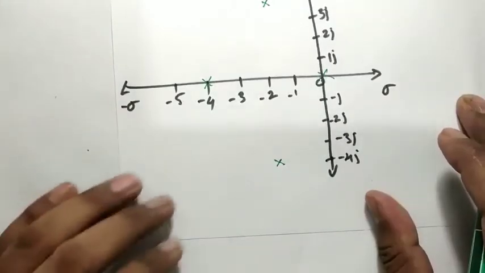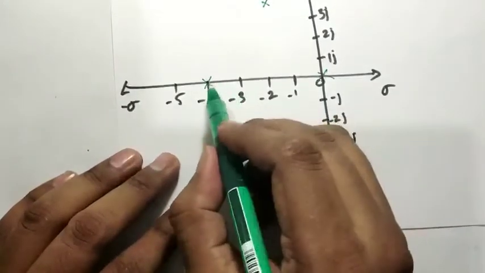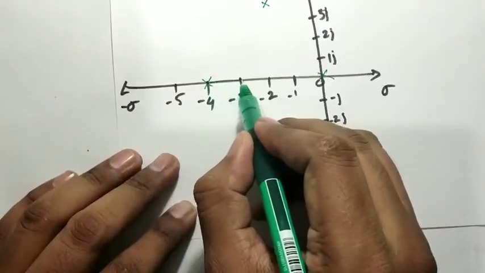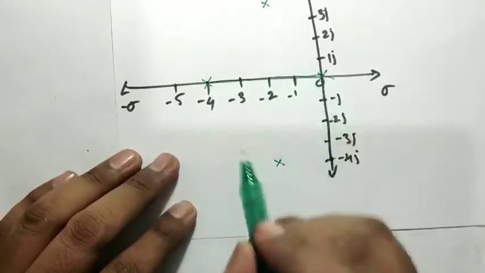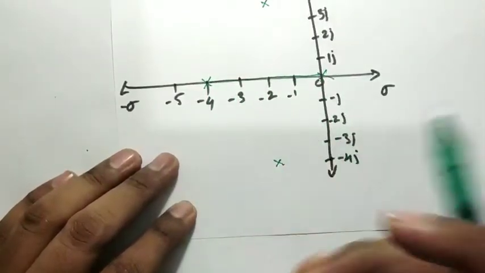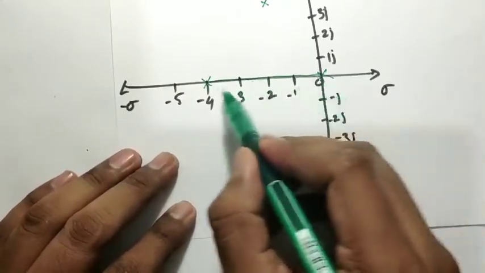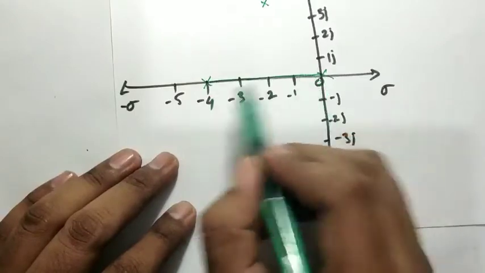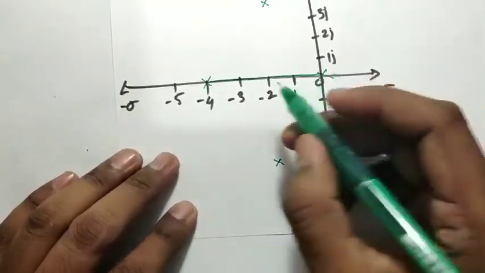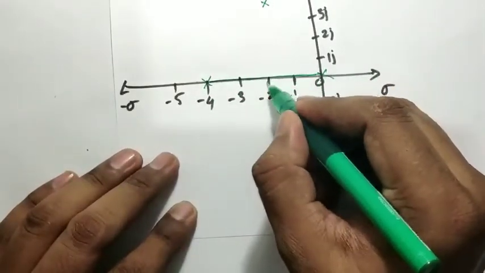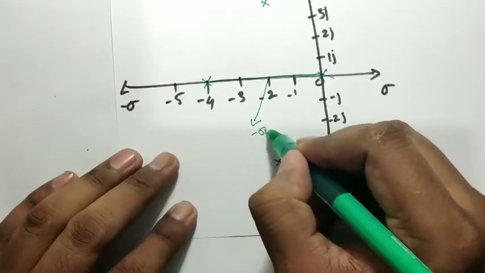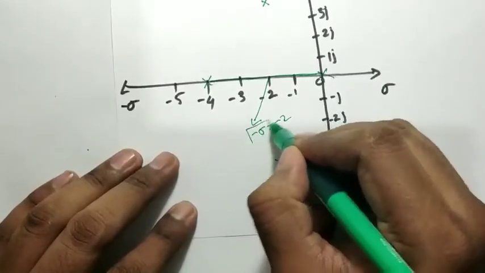So you know that this entire portion is a root locus branch, right? You found that using the second rule, root locus on the real axis. So this entire real part is a root locus. So you have found the centroid also. The centroid is, so this is minus 2, right?